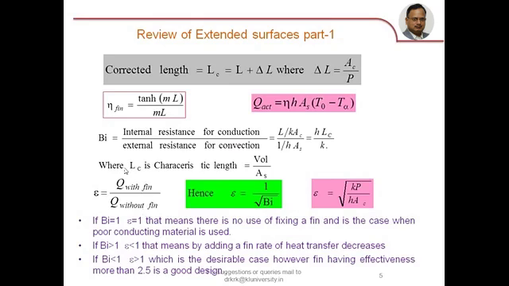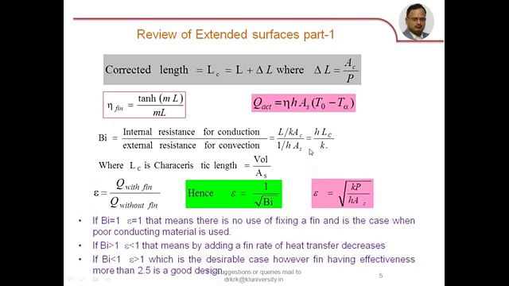Biot number is 1 means the value of k you have chosen is very small. Poor conducting material you have chosen, that is why Biot number has become 1. If Biot number is greater than 1, then effectiveness will become less than 1. In that case, if you add a fin, the heat transfer with fin will become less than that of heat transfer without fin. So adding a fin will decrease the rate of heat transfer.